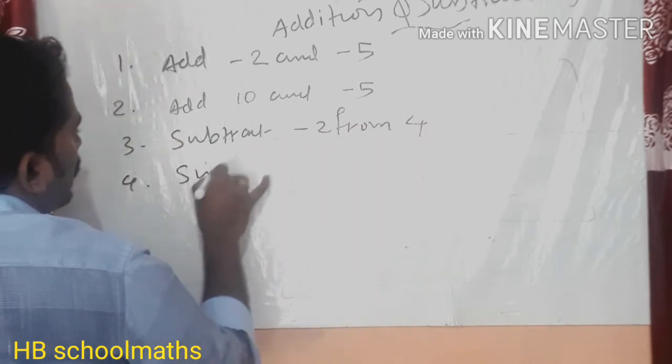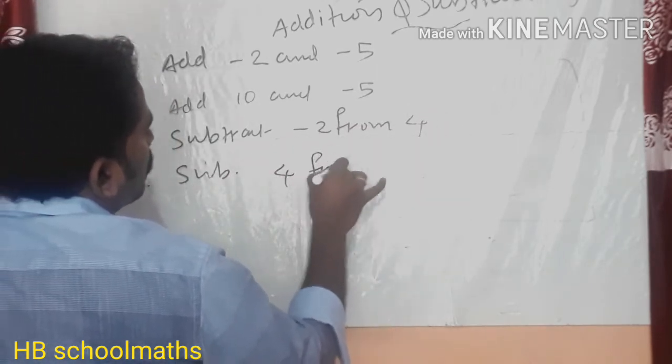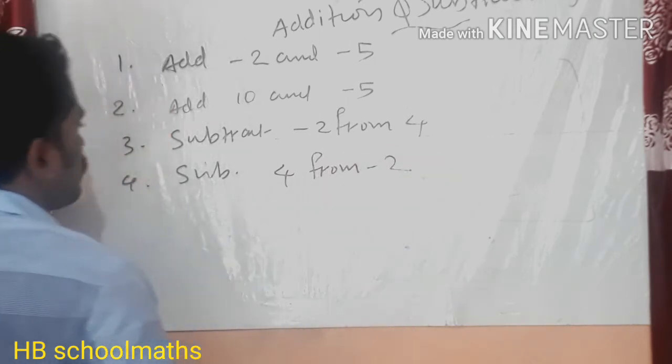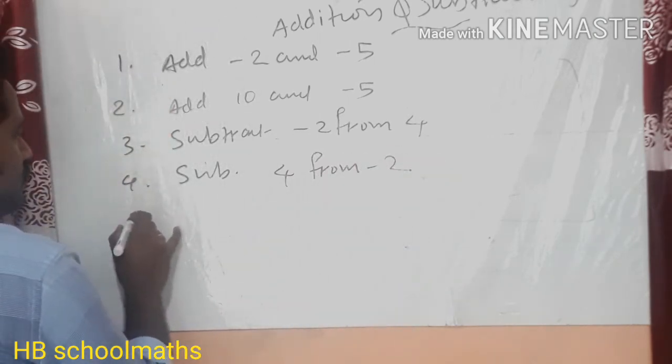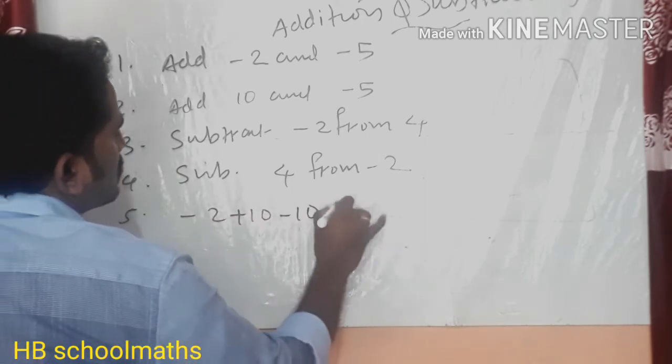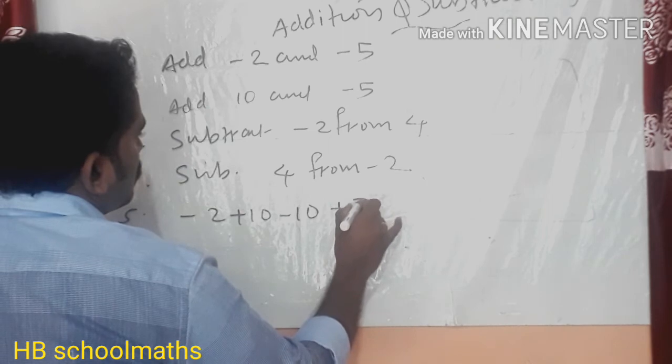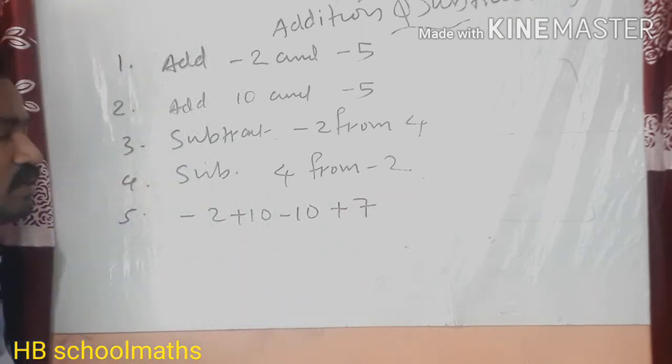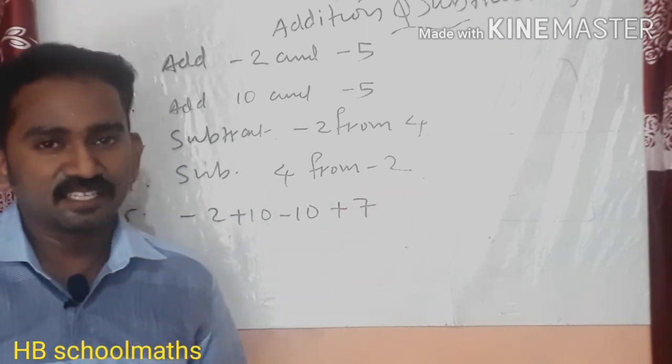Fourth question, subtract 4 from -2. And fifth question, -2 plus 10 minus 10 plus 7. So pause the video and answer these questions.